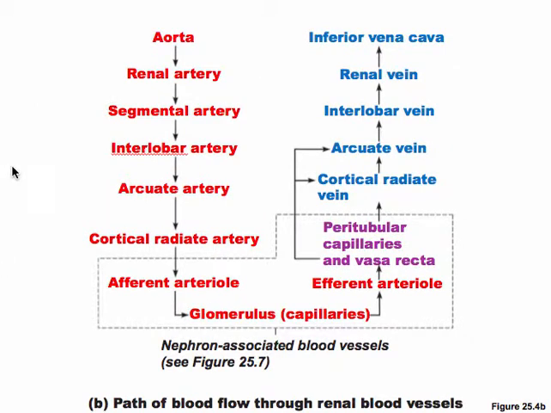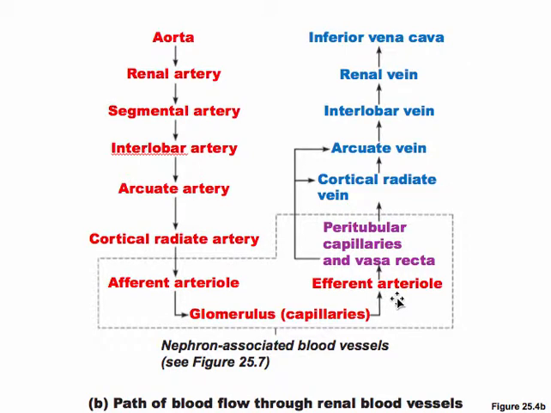So if we look at the anatomy of the vasculature, we see in red we have depicted our arteries, and in blue the veins. One of the unique things that we have in the kidney is we have two capillary beds that the blood is going to flow through. So from the afferent arteriole, we go into the glomerulus, which is a capillary bed, and then into the efferent arteriole.